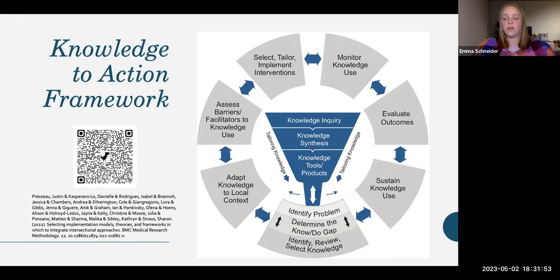You might want to look a little bit more at the knowledge around how there is evidence around delivering certain interventions that we know we need to do high number of repetitions. And then you think about your own local service to identify the problem, or what's the knowledge gap? What do we know, but what aren't we doing? And identify and select what that would look like in the context of achieving that recommendation.